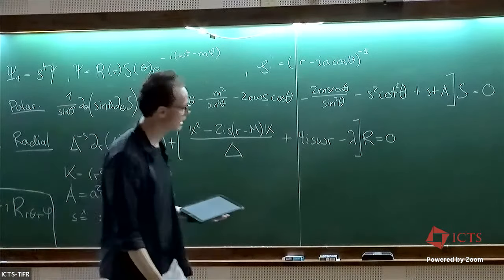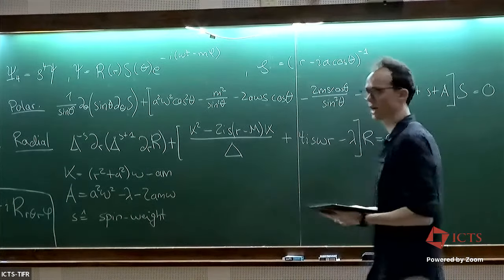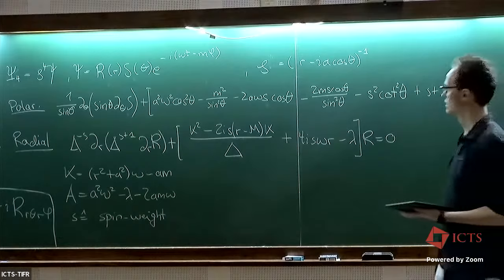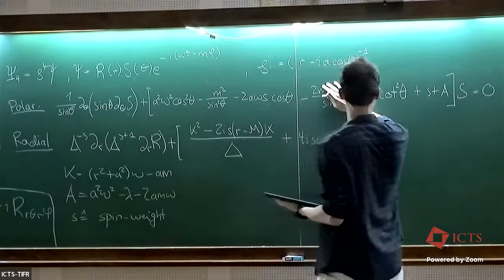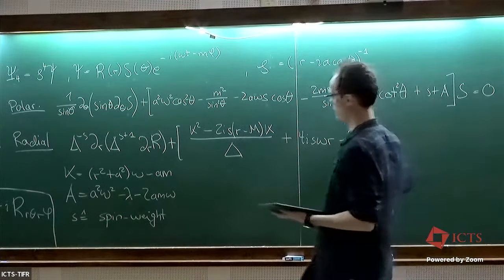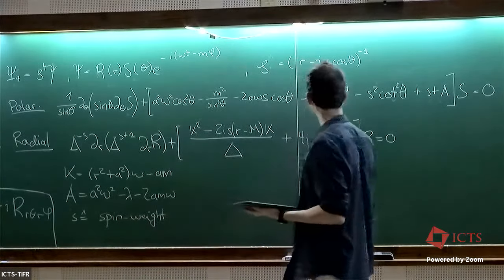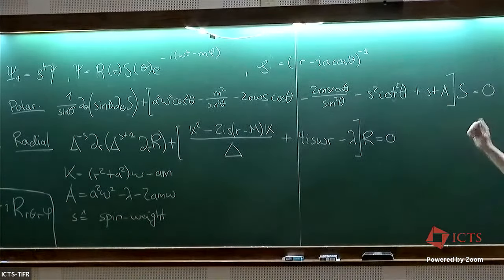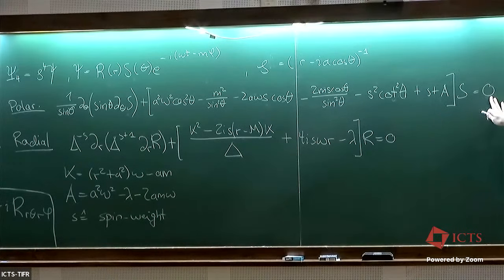And so for s equal to 0, you have seen the equation for s equal to 0 already. This term disappears, this term disappears, this term disappears, the s is 0, and A just turns into some function of lambda. And this equation is exactly what we found for the scalar field as well, except that there was a mass term on the right-hand side.